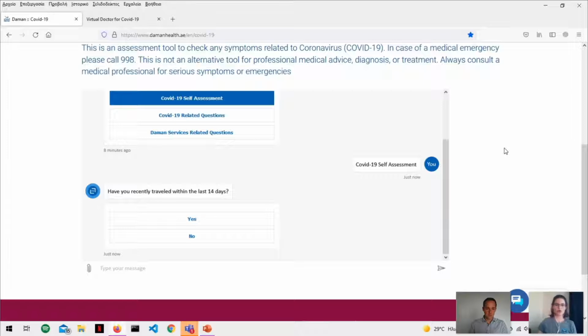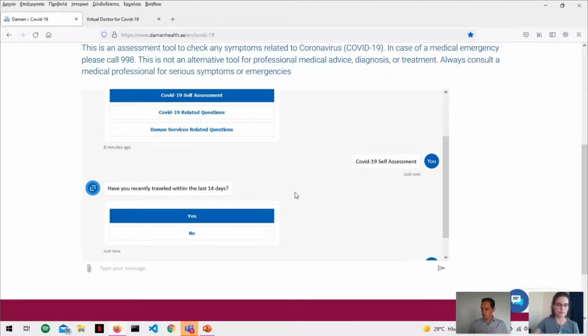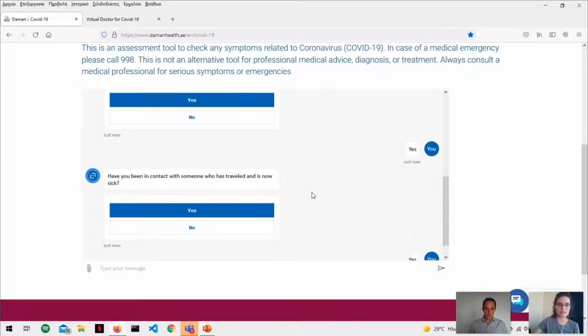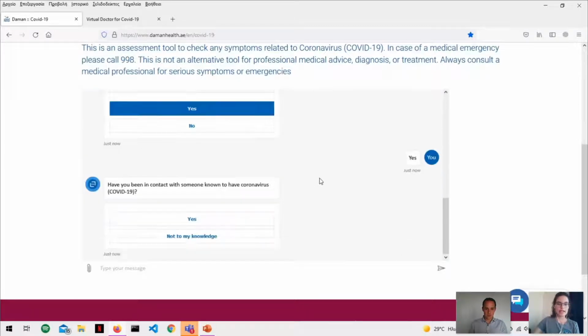Then we are going to answer a few questions. Have you recently traveled within the last 14 days? For our scenario, yes. Have you been in contact with someone who has traveled and is now sick? Again, for our scenario, yes. Then, have you been in contact with someone known to have coronavirus? Again, yes.